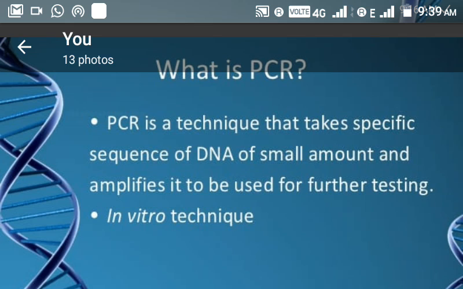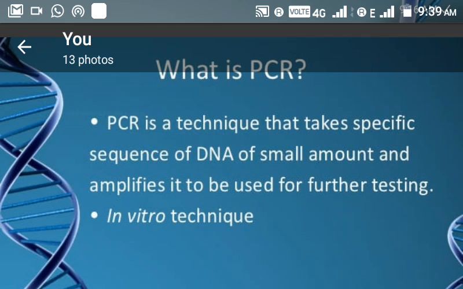Here your template will be DNA, and after some period of time, certain cycles, you will get a huge number of copies of the same template. And this is an in vitro technique.